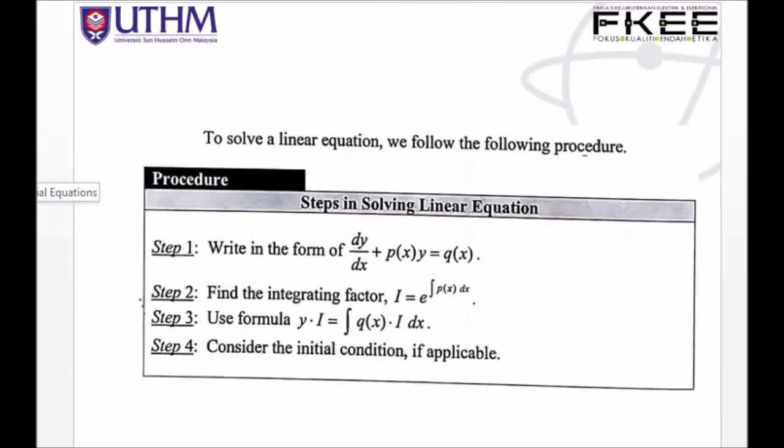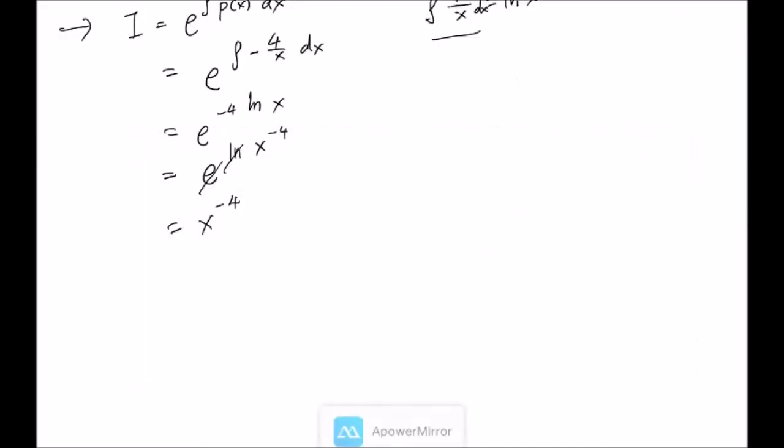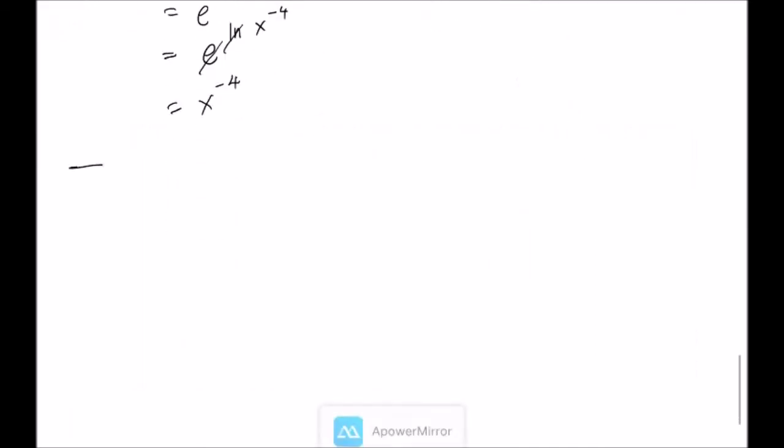And then the third step is to use the formula y multiplied with I equivalent to the integral of Q(x) I. So your I is x to the power of negative 4.